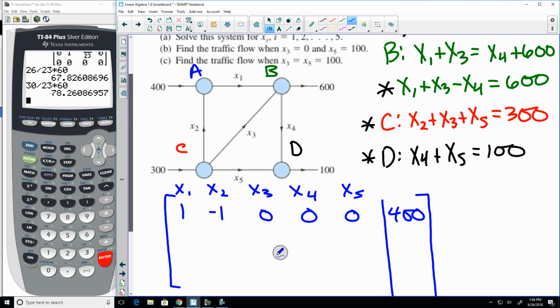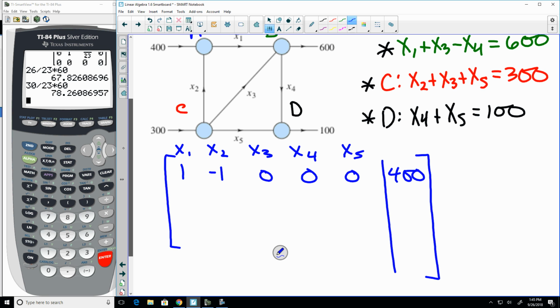B: x1, 0, x2, 1, x3, negative 1, x4, 0, x5 equals 600.